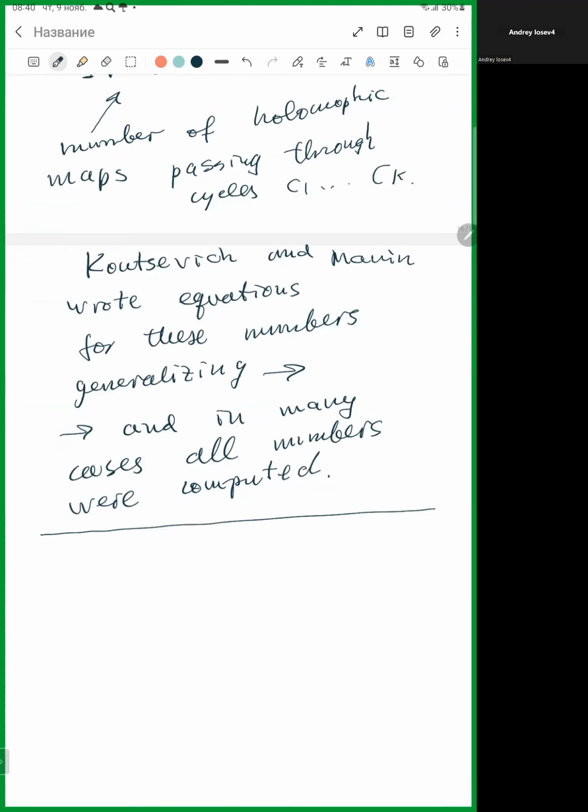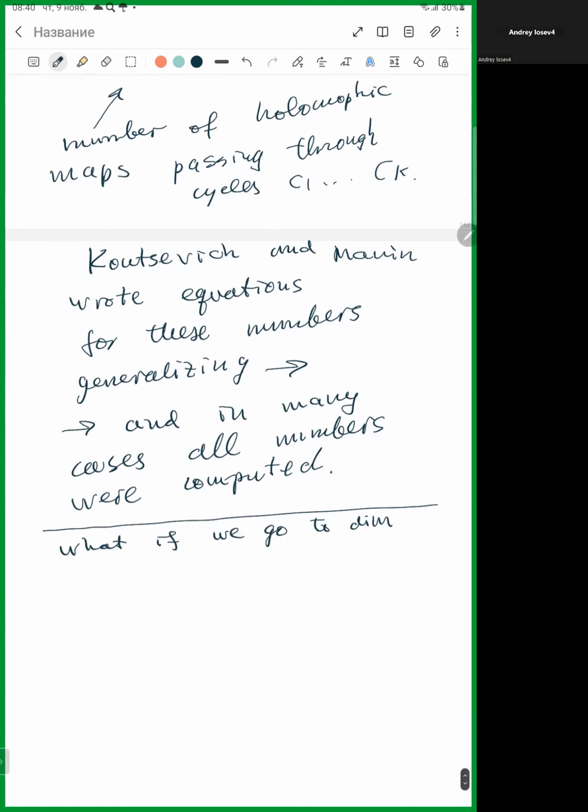Another interesting application. What if we go to dimension 4? So first equation was dx over dt was v of x.